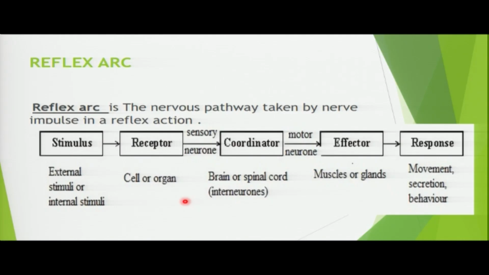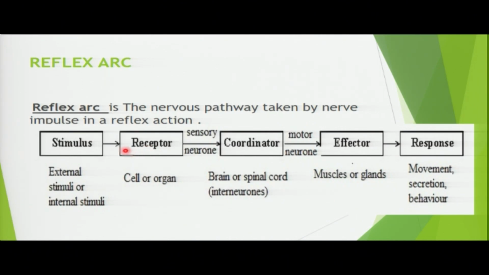So, what you see on the screen is what I tried to summarize here on the chalkboard. You see, a stimulus, either external or internal, comes. And then it's going to be received by what? By a receptor. A receptor is like a cell or organ. Let's take an example of a sensory organ.